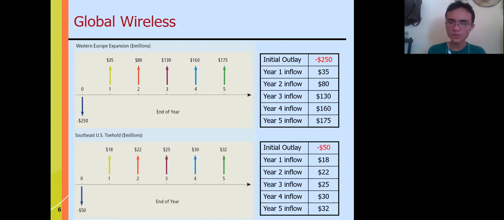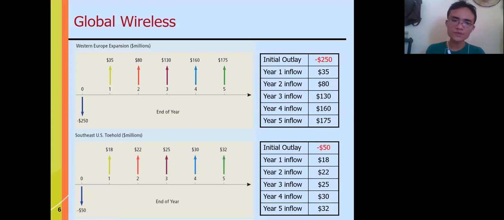For year one, that's 1. Year 2, that's 35 plus 80, that's 115. So still below 250, that's still going to be a 1. Year 3, plus 130, okay, so 245. That's going to be another 1. So there are 3 years now.